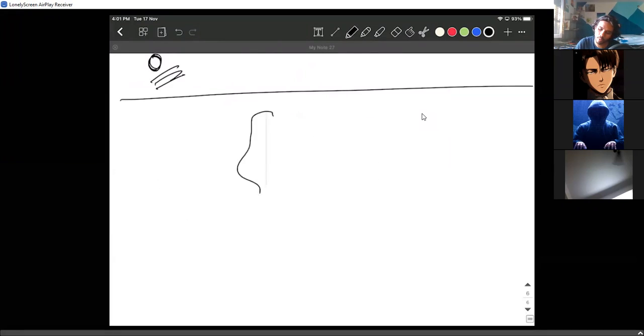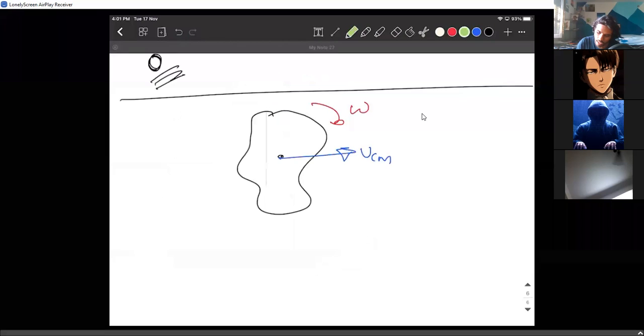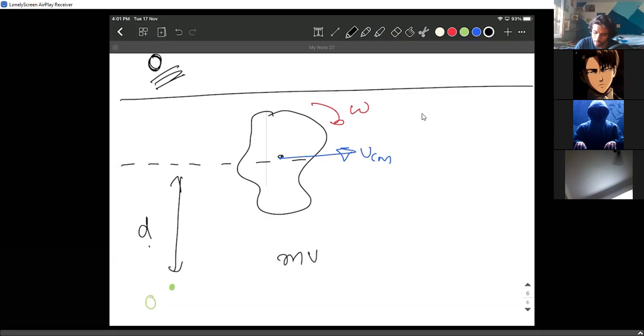Whenever you see a body with a linear velocity and with some angular velocity, and you want the angular momentum about a random point O, what you need to do is take the VCM and the perpendicular distance. First of all, consider this whole thing as a point mass and write the angular momentum: m into VCM into D, m into V into perpendicular distance.